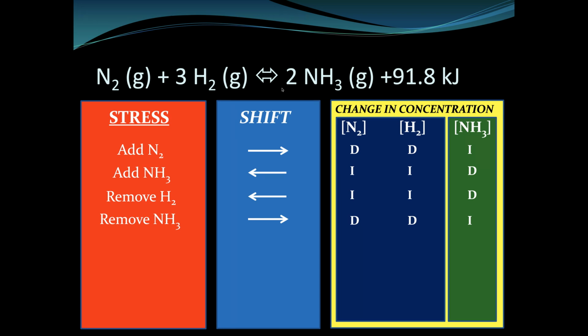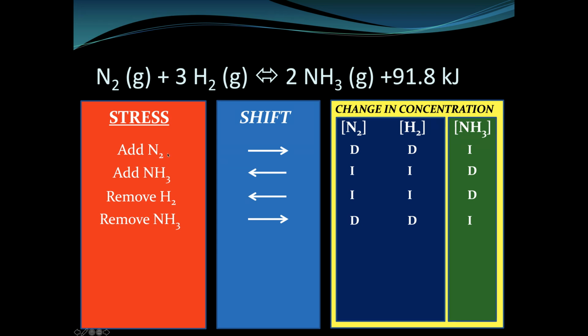So I want you to notice, whenever you add something, equilibrium will shift away from the side that what you added is on. You add a reactant, the equilibrium will shift towards the products. You add a product, the equilibrium will shift toward the reactants. And the resulting shift will use up whatever it is you added.